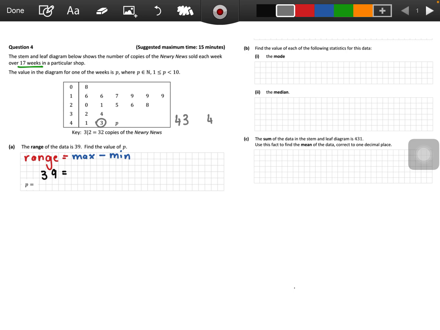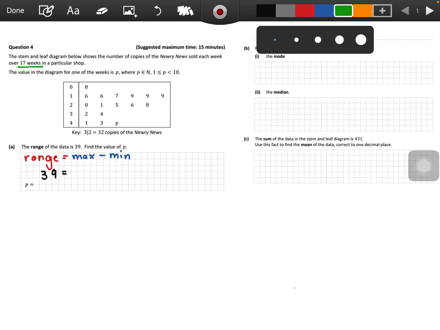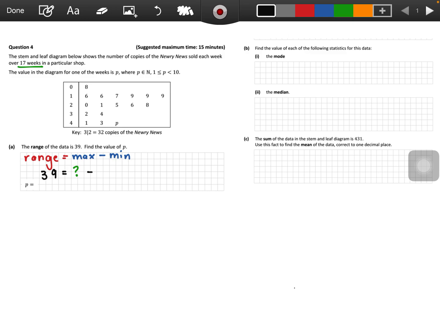So 4 line P is actually representing 40 something. I don't want to write it as 4P like this because then it would look like it's 4 multiplying P, which it's not. So what is my maximum? And from that I'm going to take away my minimum, which is 0, 8.